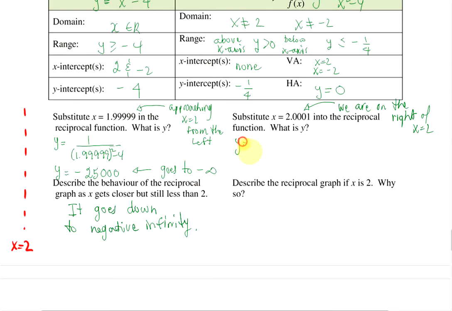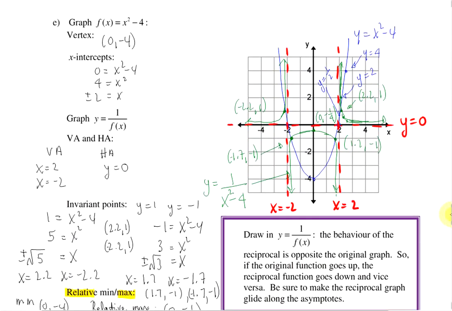Let's substitute that in. We're going to get y equals 1 over 2.0001 squared minus 4, and we get 2,499.9. That's a rather large number, so it looks like y goes to positive infinity. Let's go back to the graph. We are on the right of our vertical asymptote, and you can see that the graph is going rapidly up to positive infinity.